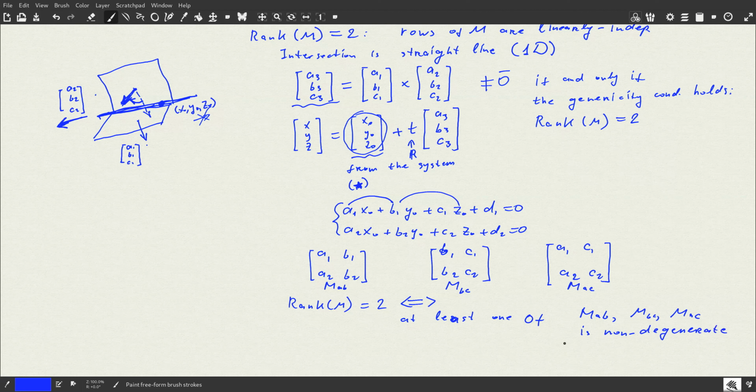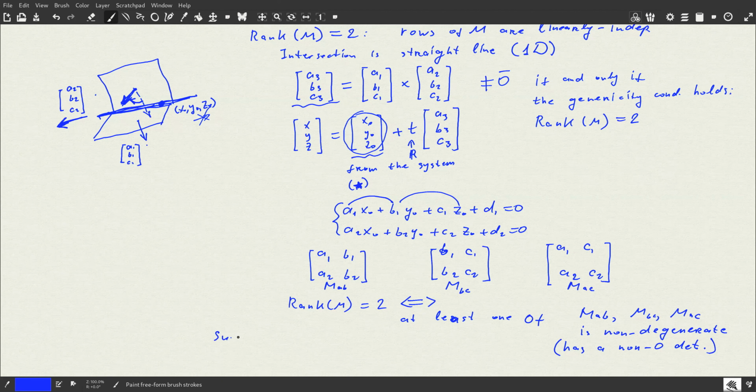Non-degenerate means has a non-zero determinant. At least one. It may be that two of them or even all three of them are non-degenerate, but at least one of them is non-degenerate.